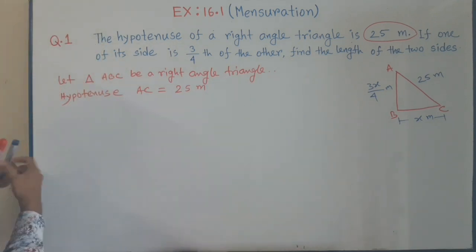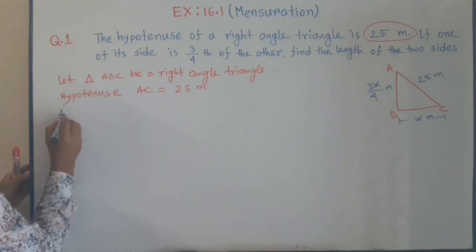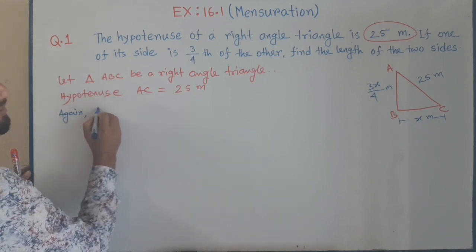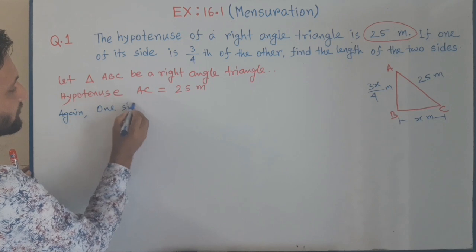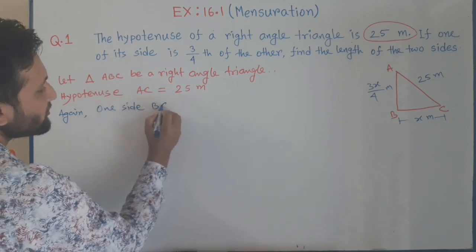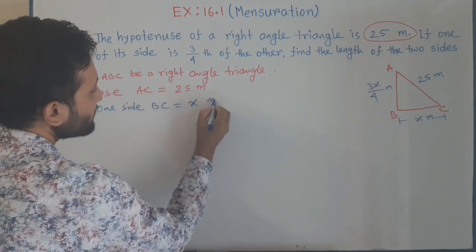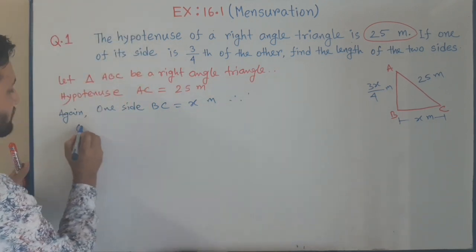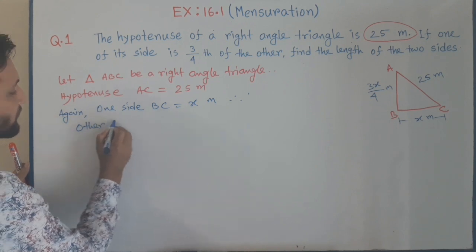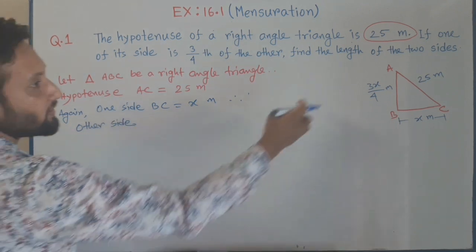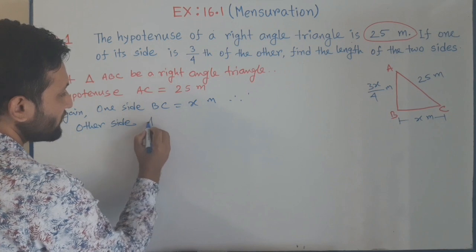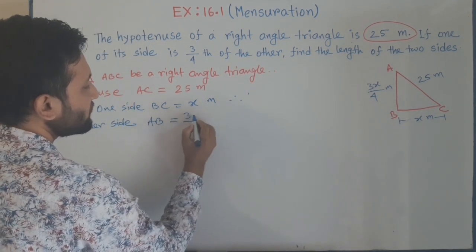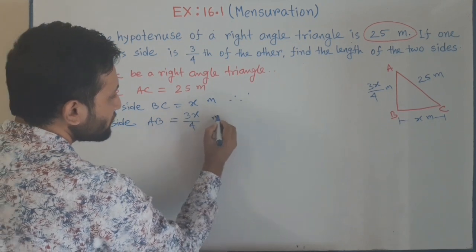So let one side BC equal to x meter. Therefore we can write the other side AB equal to 3x/4 meter according to the question.